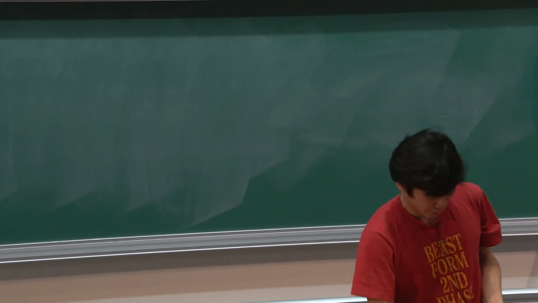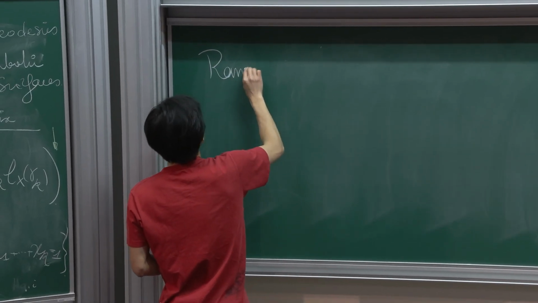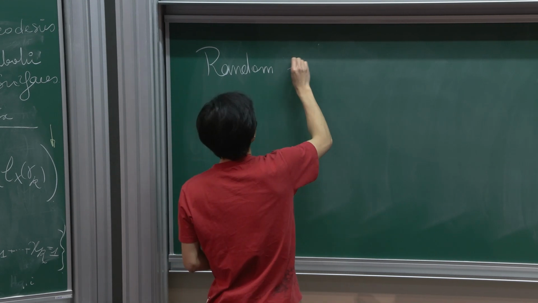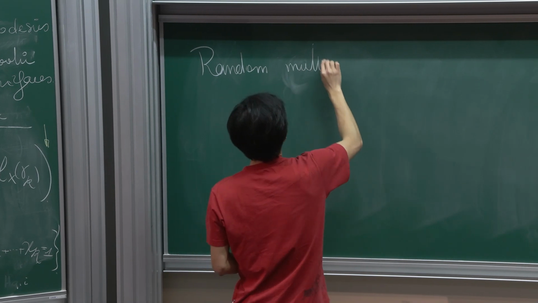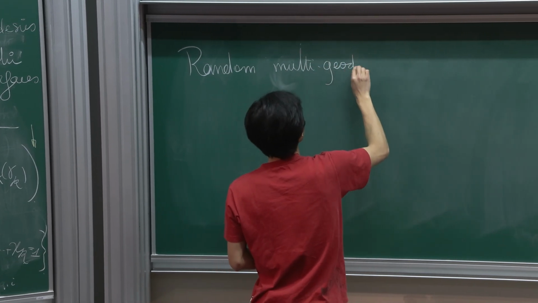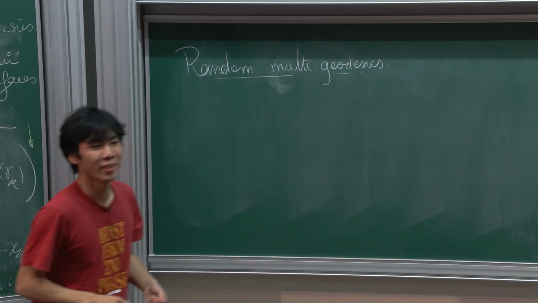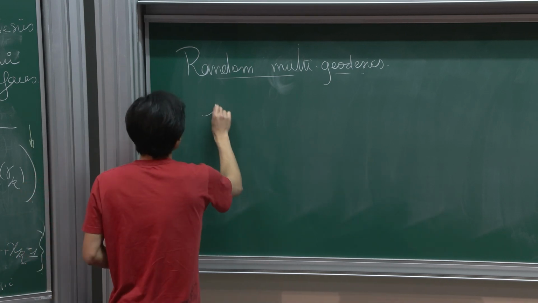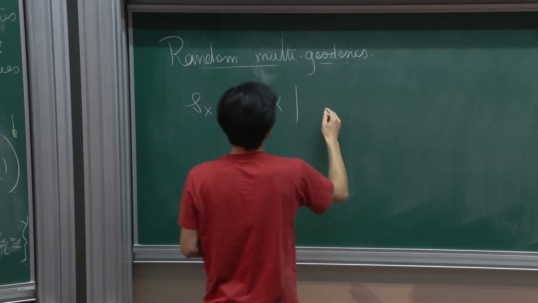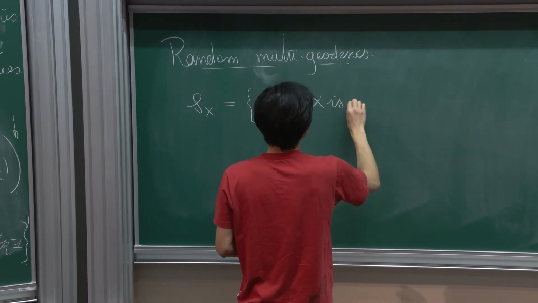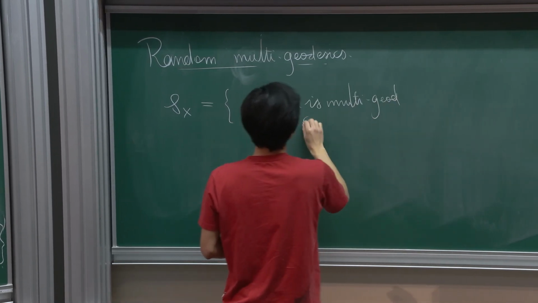When we talk about random objects, you should know how to pick them, multi-geodesics, and where to pick them. So where to pick them, you just take all of them. It's alpha, where alpha is a multi-geodesic on X.